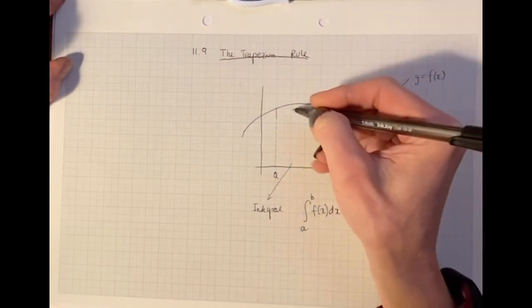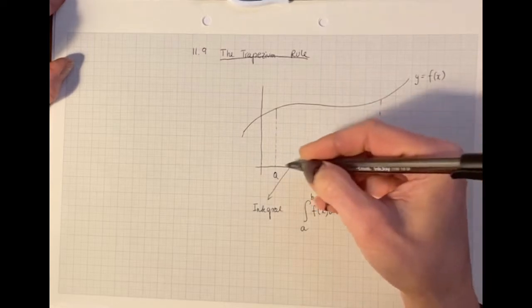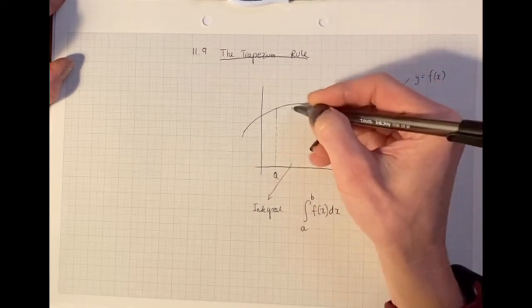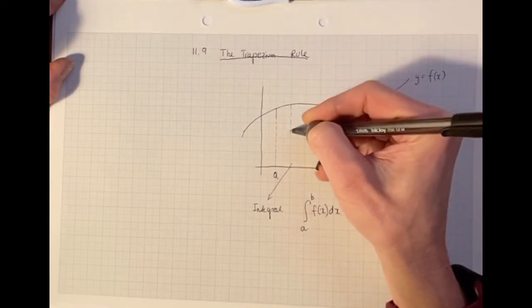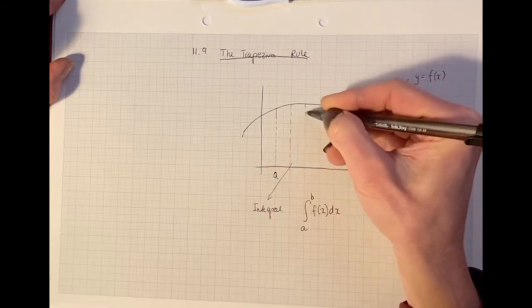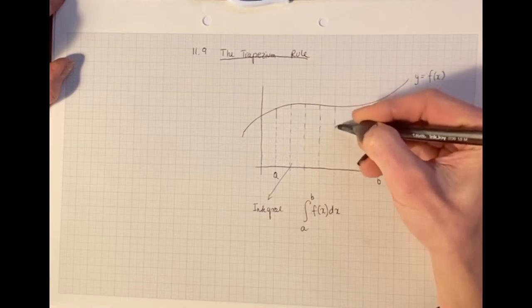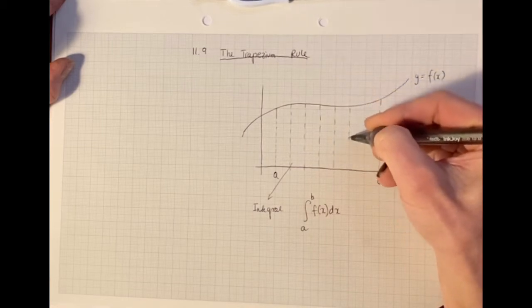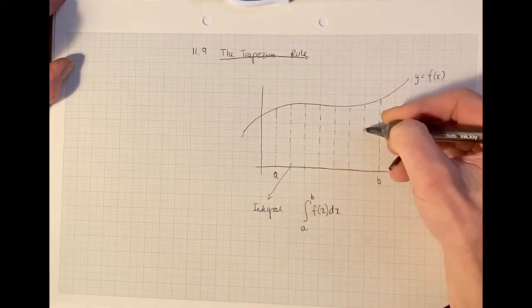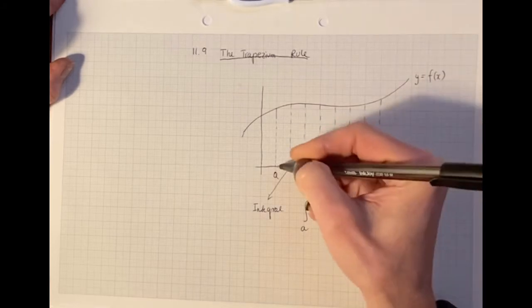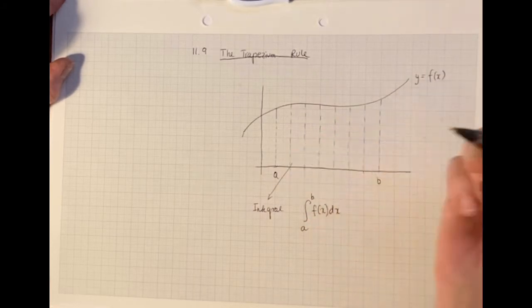The idea is to split the area between a and b into vertical strips of equal width.